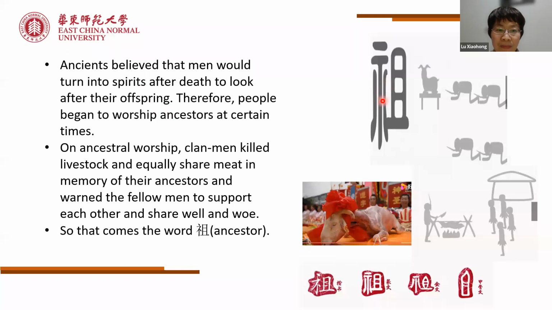At the very beginning of today's lecture, we also saw this picture. This is something they use to sacrifice livestock, to worship their ancestors. For this ceremony, we use that sacrifice to commemorate our ancestors.